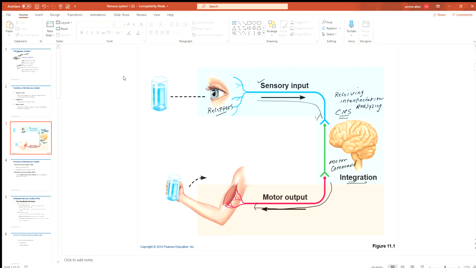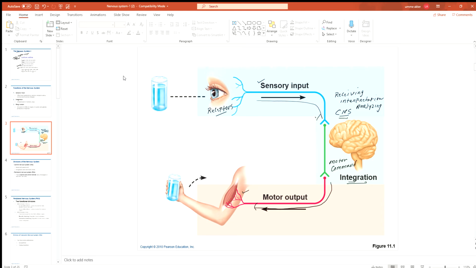It could be acid or something, dirty water. So brain will quickly interpret that if it is water, is it clean? Is it drinkable?